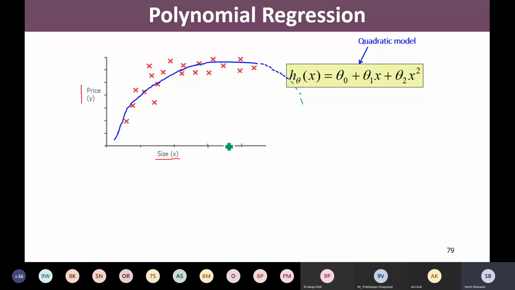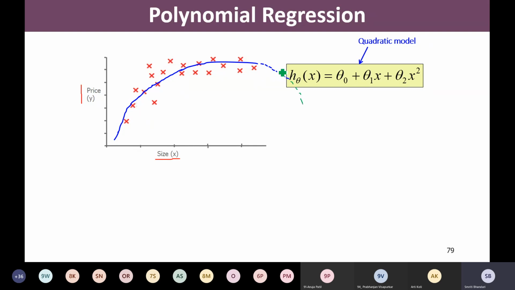It will not happen. So even though for the data I may think that the quadratic model is suitable, if I look at the nature of the quadratic model, after some time it may go on declining, right? And if this is the way my quadratic model gets represented, this may not be suitable for my current problem statement, because I may have some data samples with size greater than this particular point.